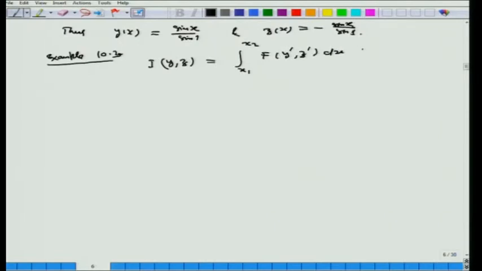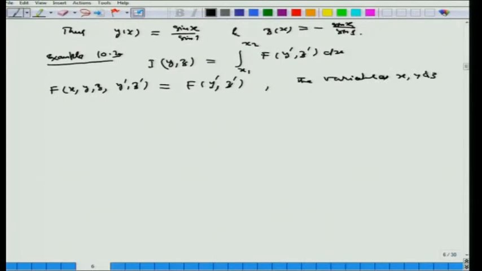Here the variable x is missing, and so here f(x, y, z, y′, z′) is f of y′ and z′. The variables x, y and z do not appear explicitly.